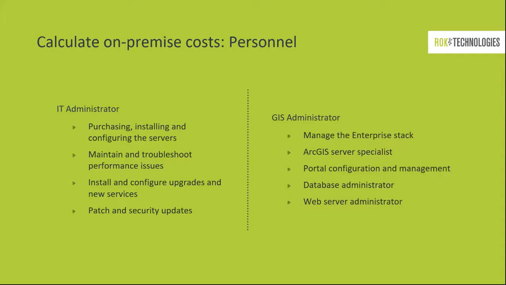Then they also had to install and configure those upgrades, any patches, any of the new services that were coming along, and also security updates. And this is all in addition to what they're currently doing outside of GIS. I mean, this is just GIS, and they service all the other departments, and hopefully more software standard solutions used throughout their organization. They had to maintain everything. So this was a lot to add onto their plate.